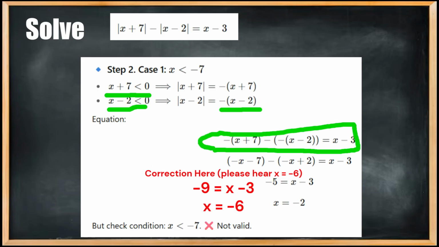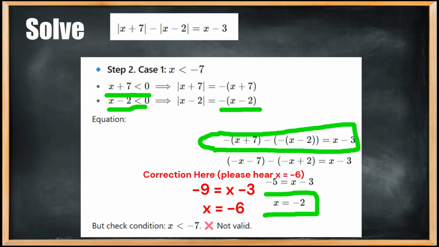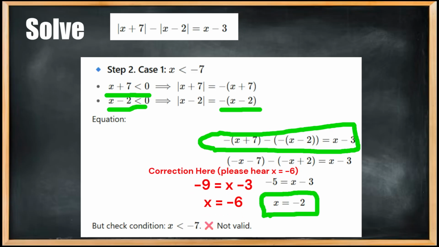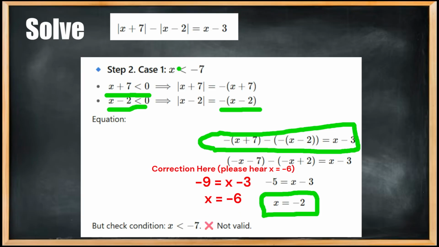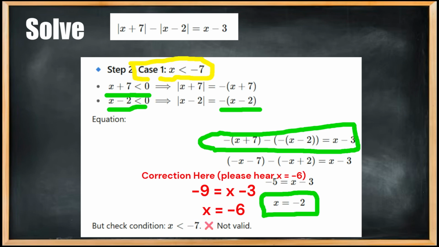So now if you resolve this equation, you get a value of x equal to minus 2. So this x equal to minus 2, our case was, if you remember, x is less than -7. This was our case.